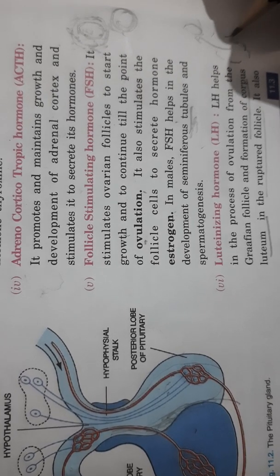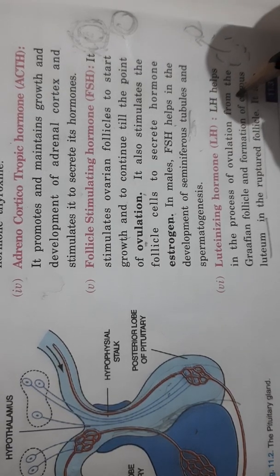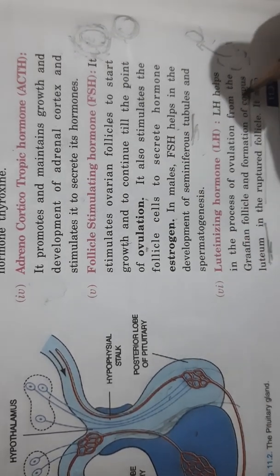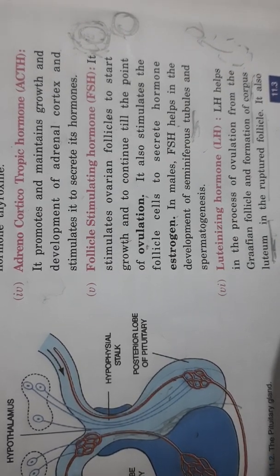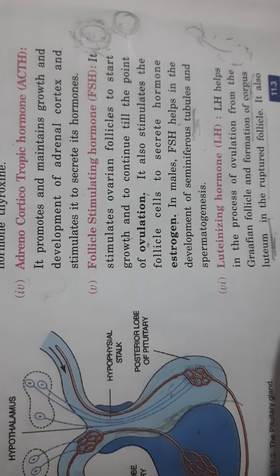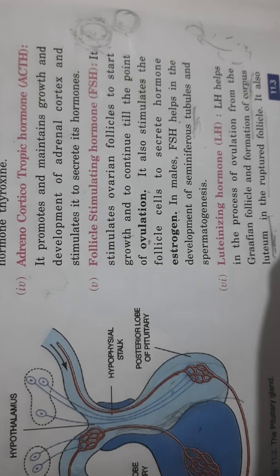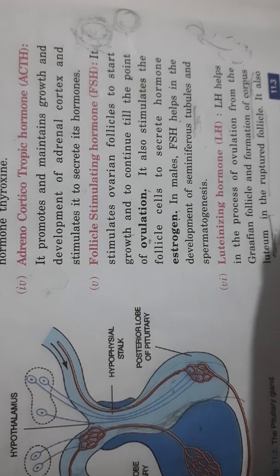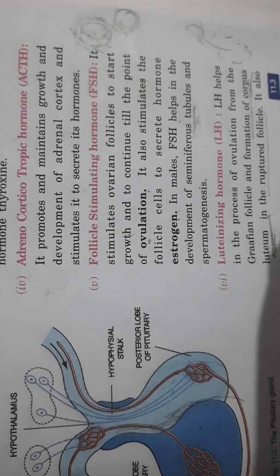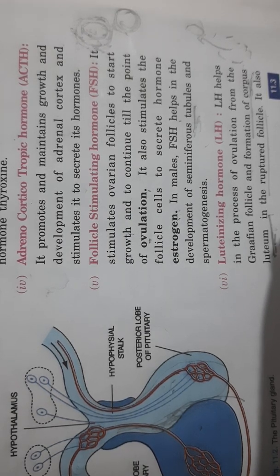The remains of the ruptured follicle change into a structure called the corpus luteum, and this corpus luteum is important in producing the female hormone progesterone, which will prepare the uterus, make it strong and richly supplied with blood vessels to hold the fertilized egg inside it.